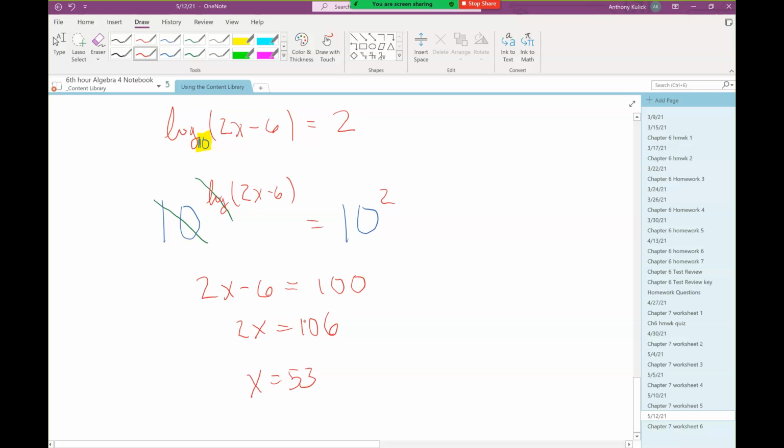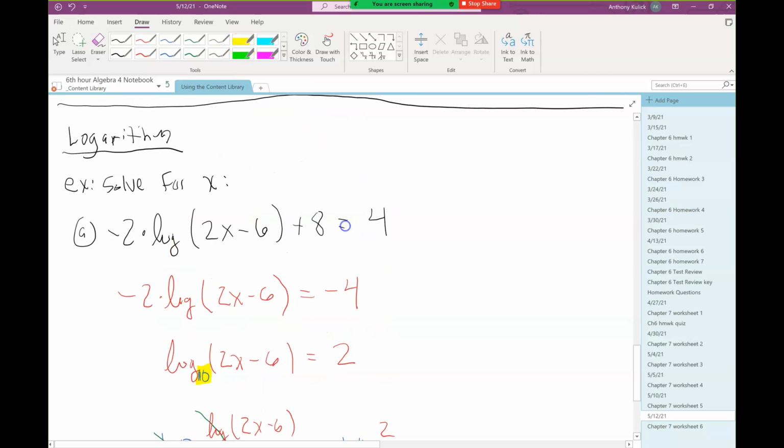we're not done. Logarithmic equations can have extraneous solutions. So before we're done, we have to go back and check. But the check is quite easy. All we need to do is make sure that when we plug x into the logarithm, we don't get a non-positive number.